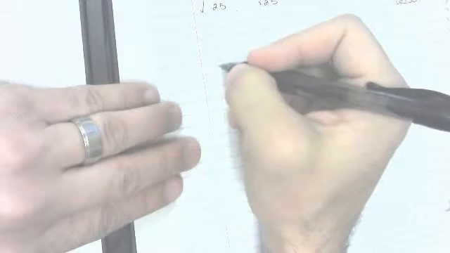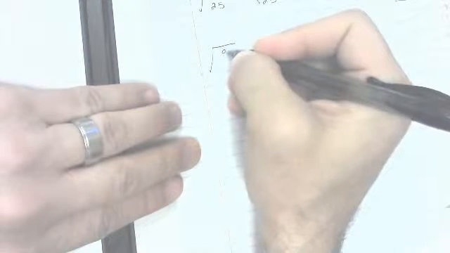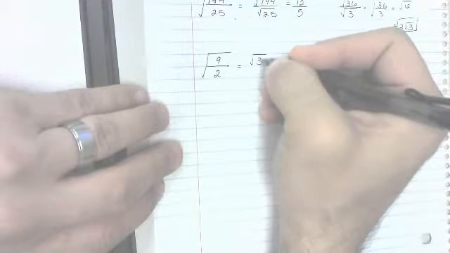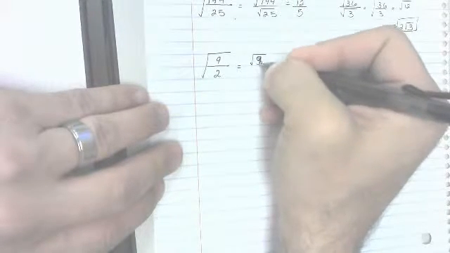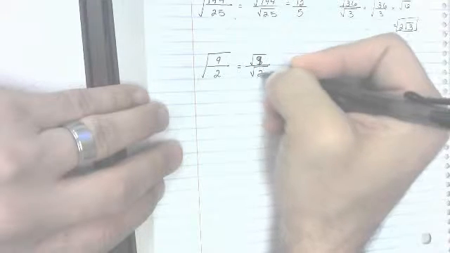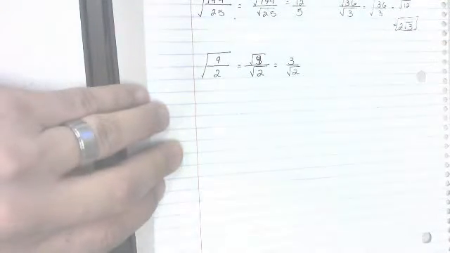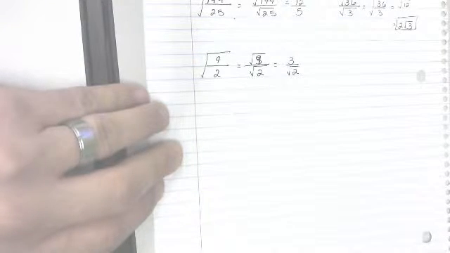Now, sometimes we have a denominator that ends up remaining a radical. Well, we actually learned earlier this year that we should never have a radical in our denominator. We should always rationalize our denominator.